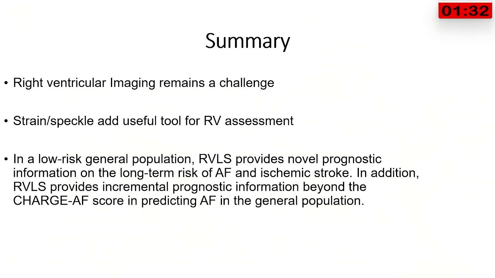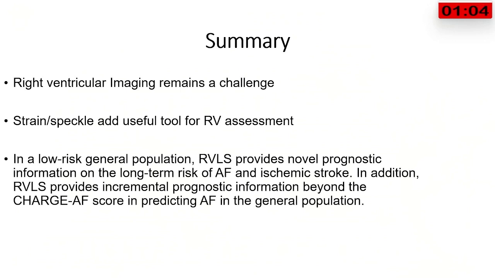In summary, as this has shown again and again, right ventricular imaging remains a big challenge. We know strain and speckle tracking add useful tools for RV assessment, and in low-risk general populations, the RV longitudinal strain pattern is novel prognostic information for long-term risk assessment of atrial fibrillation and ischemic stroke.